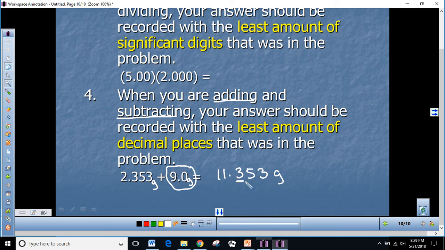So our answer could only go out to the 10th, but we are going to round. So we're going to go to this place right behind it. It is a 5, so 5 or more we round up. So 11.4 grams would be our correct answer. Okay, so that's pretty much significant figures in a nutshell. Hopefully this video might have helped a little.